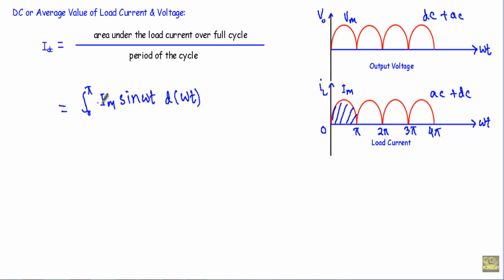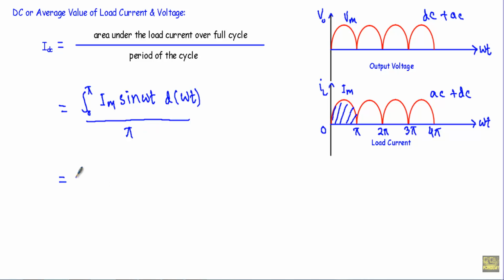Here we will integrate with respect to ωt, because on the x-axis we are taking ωt, and the period of this cycle will be 0 to π, because after π you will see the same thing repeating in the upcoming cycles. Therefore I will get the integration of 0 to π Im sin ωt d(ωt) divided by π.